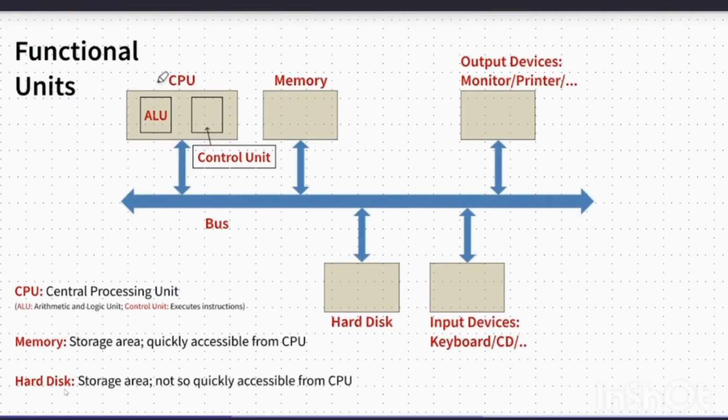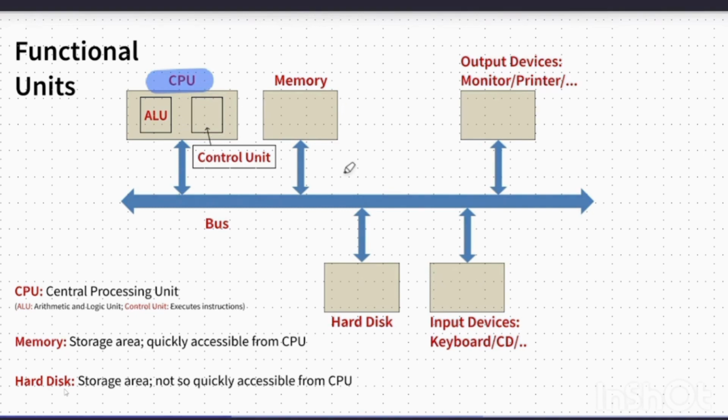Central processing unit, it serves as the brain of the computer, executing instructions and performing calculations. It comprises the ALU, that is Arithmetic Logic Unit, for math operations, and the Control Unit for managing various processes.